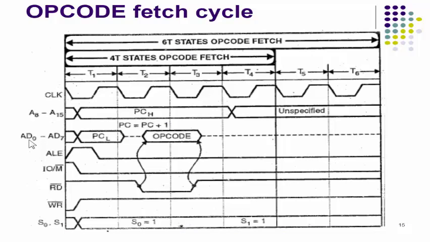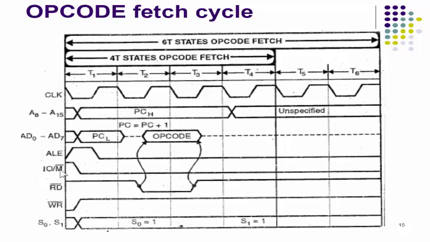D0 to D7 and A0 to A7 are a group of lower order address lines and a group of data lines or data signals. So this is nothing but the address bus A0 to A7 or data bus D0 to D7. ALE is the address latch enable. The ALE signal is required to demultiplex address lines from data lines.